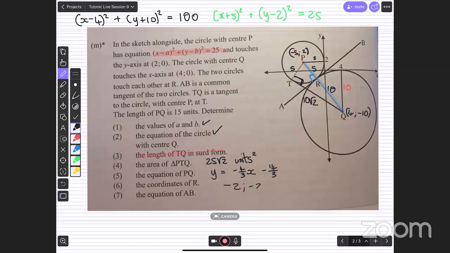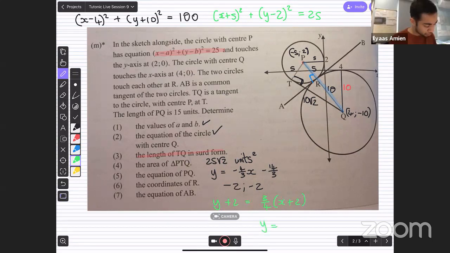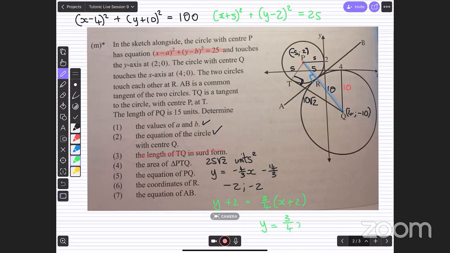So y minus y1 is equal to m into x minus x1. So it'll be y plus 2 is equal to 3/4 into x plus 2, and y is equal to 3/4 x minus half. Okay, that does seem right.